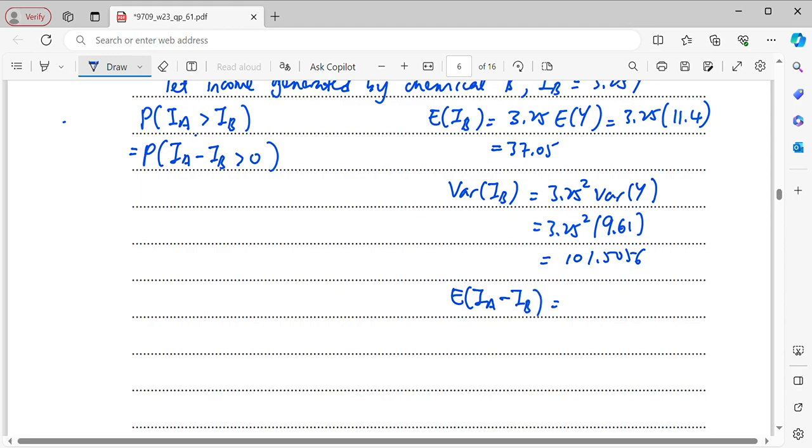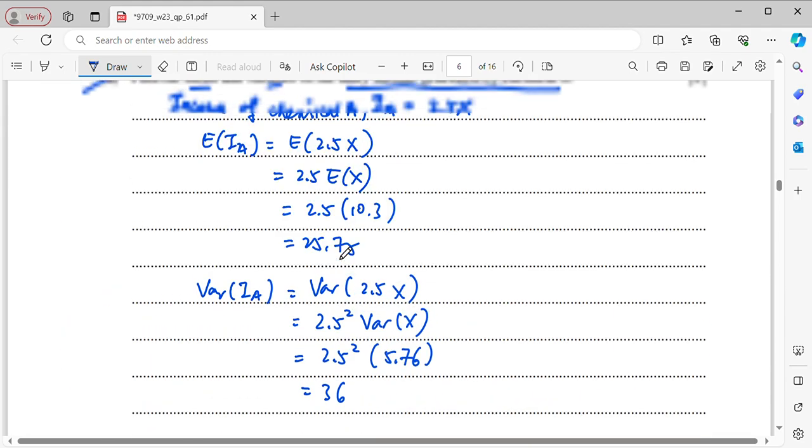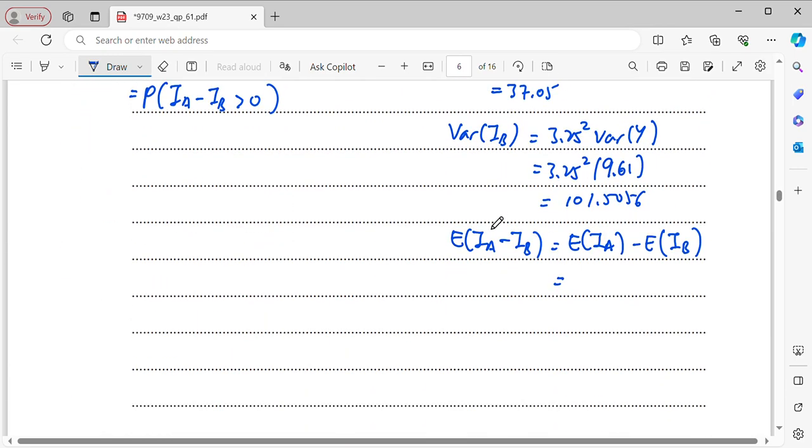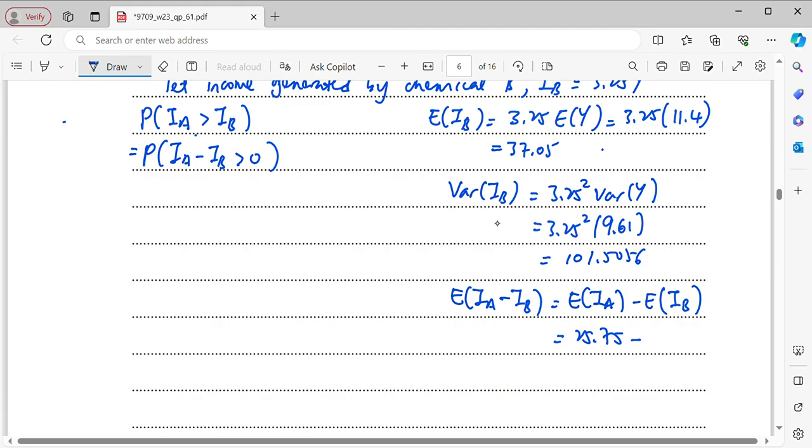So this is expected IA minus expected IB. So E of IA we found just now, the mean, which is 25.75. So here I will write 25.75 minus E of IB, which is 37.05.